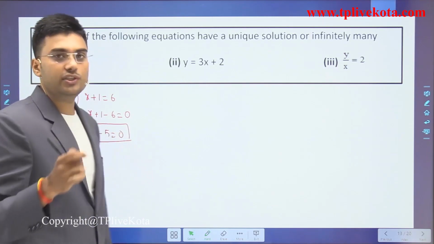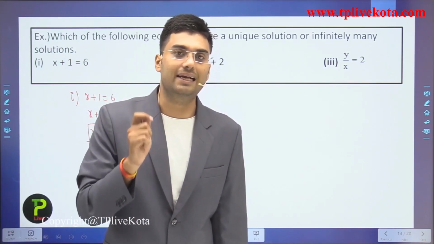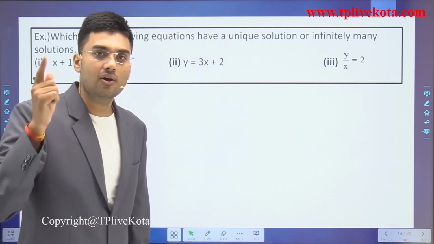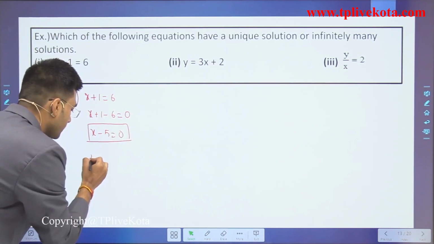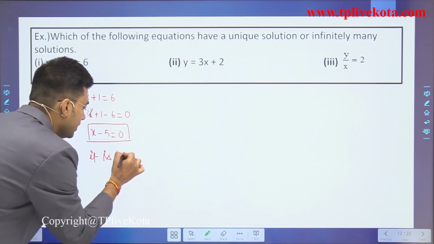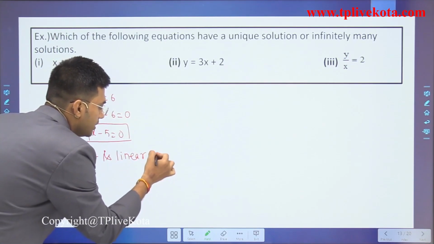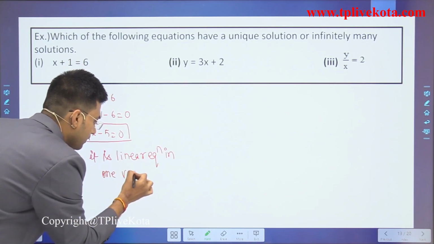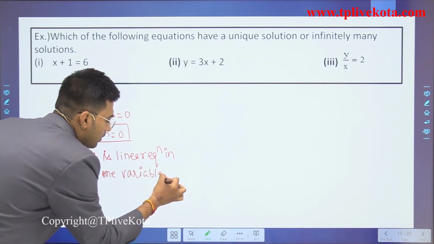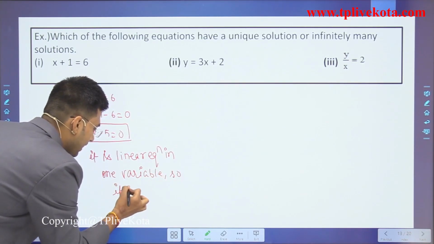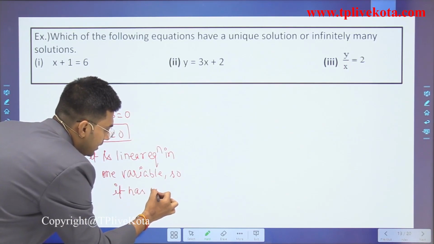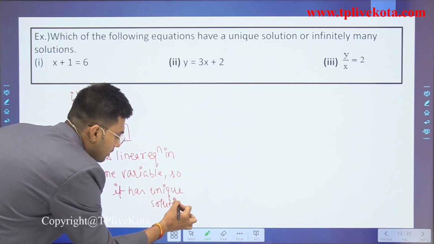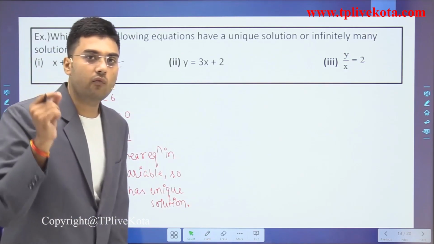Students, in this equation we have only one variable, that is x, and the highest power of x is 1, so it is a linear equation in one variable. So it has a unique solution. Unique solution means only one solution.